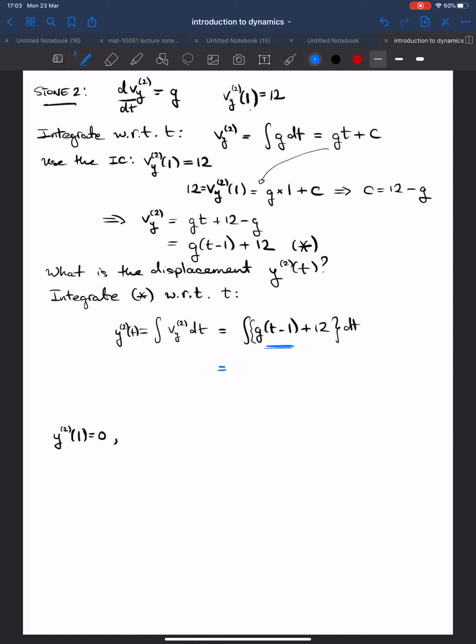So in the end, what I end up with is the following: g over 2 times (t minus 1) squared plus 12t plus b. You can see that I've integrated the first term so that I preserve the fact that I have a term that just vanishes when t is 1. And this keeps the algebra a little less cumbersome for this question.